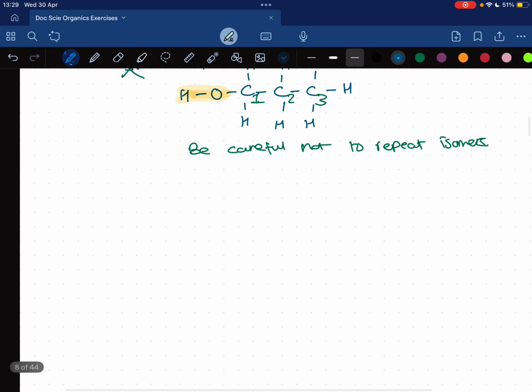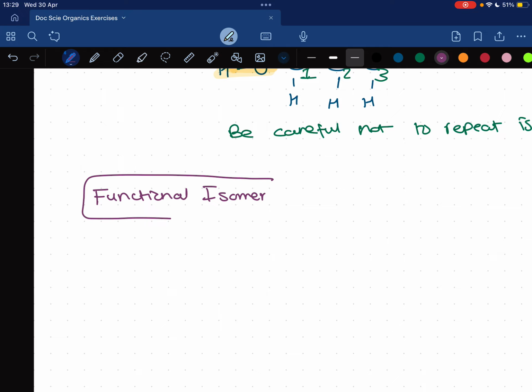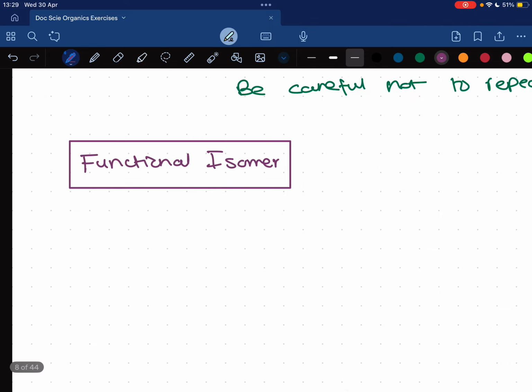Okay, and then the last type of isomer is called a functional isomer. So we'll only look at one type of functional isomer in the IB, and that is when you have compounds with the same molecular formula but a different functional group.